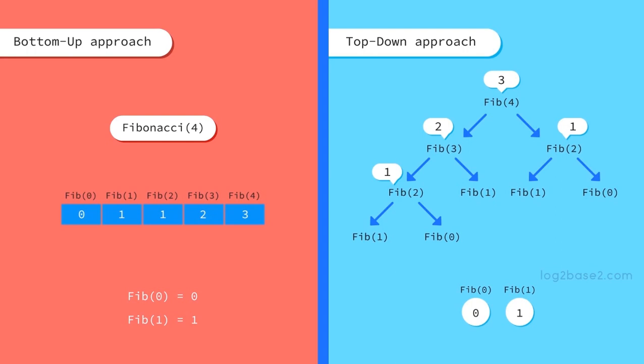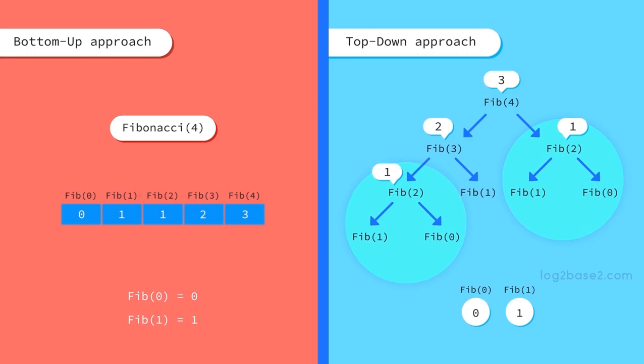This approach is completely different from the bottom-up approach. In the bottom-up approach, from the base case, we solve the large problem step by step. In top-down, the large problem is broken down recursively till the base case, and from there, the solution will be computed. If we observe the top-down approach solution, we can see that we have solved the sub-problem fib of 2 twice.